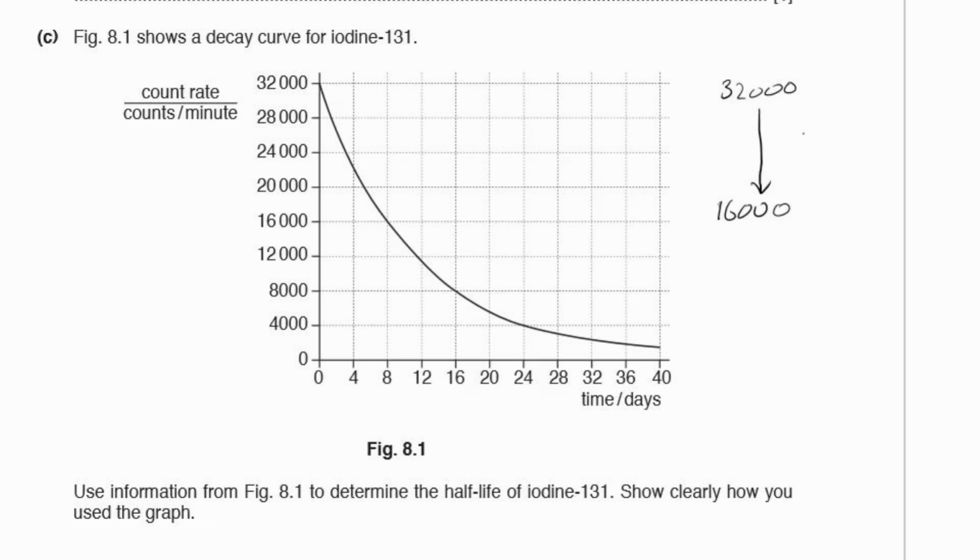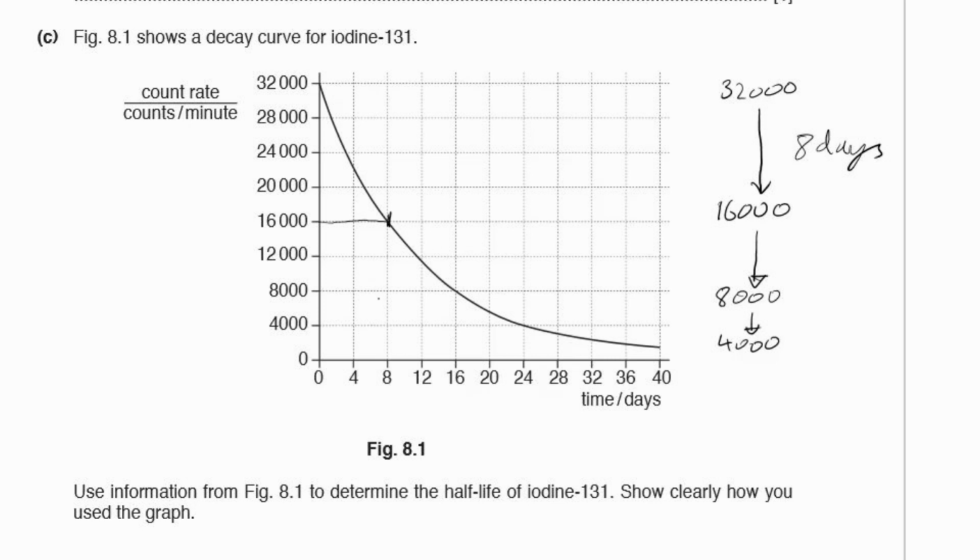The length of time that takes for it to become a half of its radioactivity. And that should be the same value as the length of time it takes to become 8,000 and for 8,000 to become 4,000. So if these numbers match up, then we know we've got the half-life. Alright, 32,000 to 16,000. Here we go. It says 8 days.